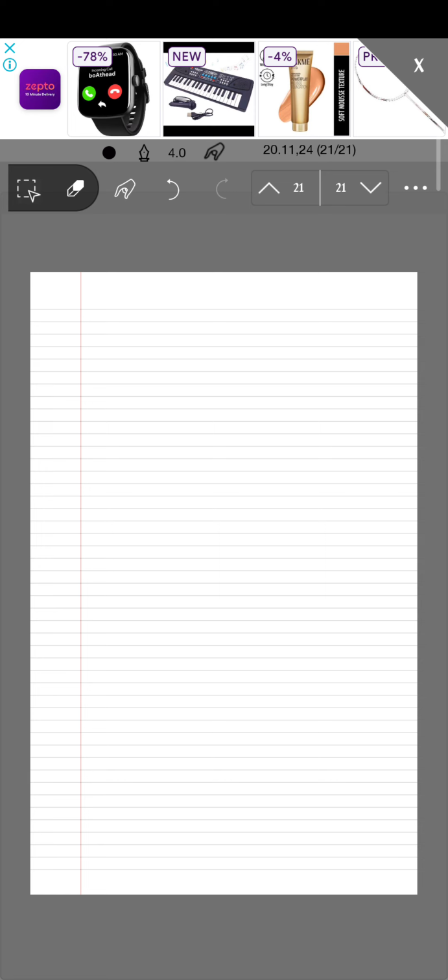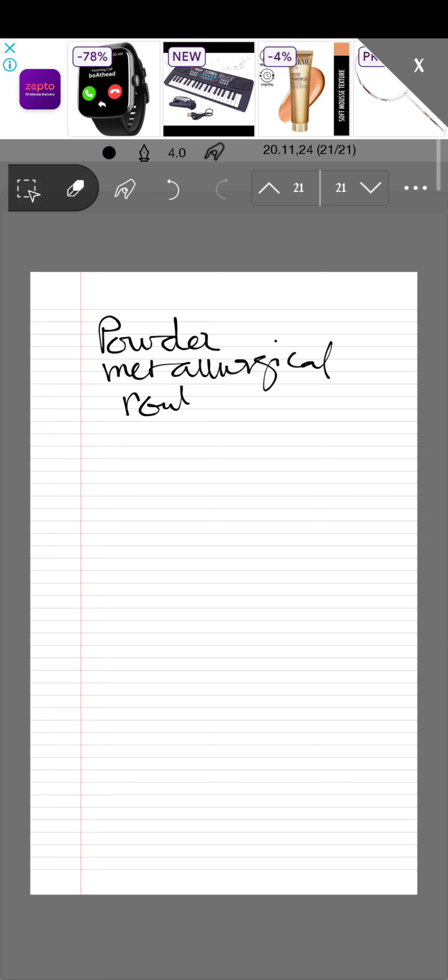One of them is several powder metallurgical routes, like high energy ball milling.